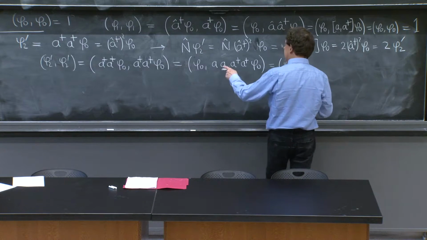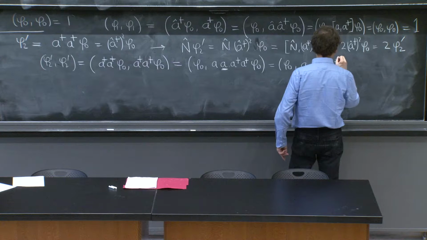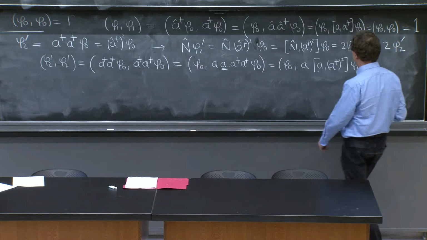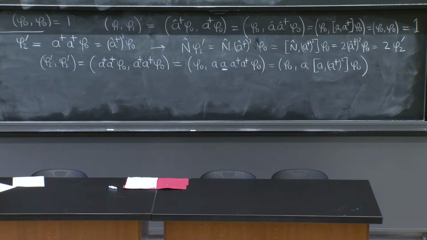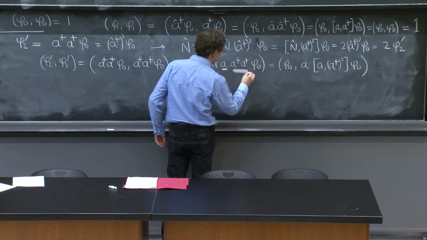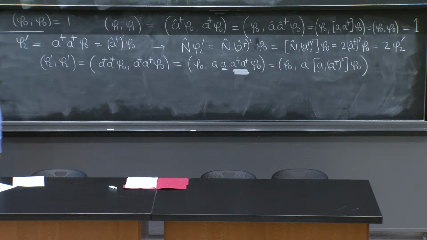The first A is still there, but the second, we replace it by the commutator. I've replaced this product, the product of A times this thing, by the commutator of those two operators.